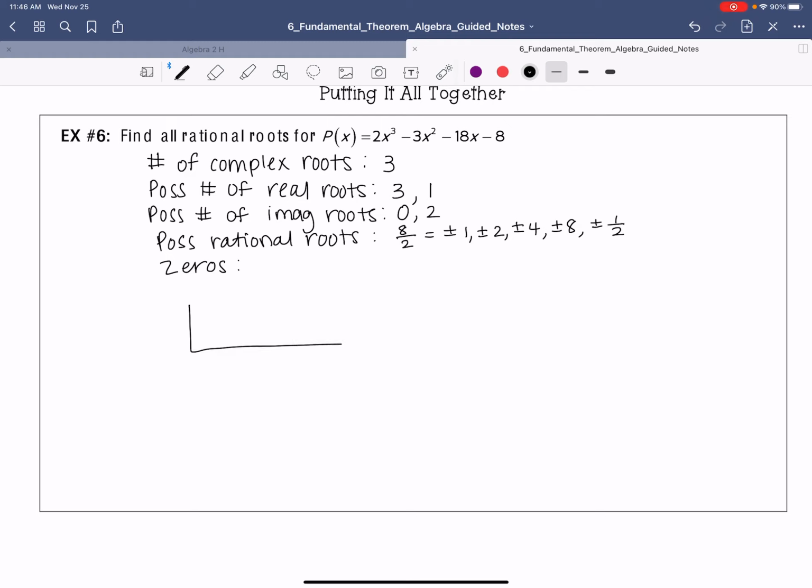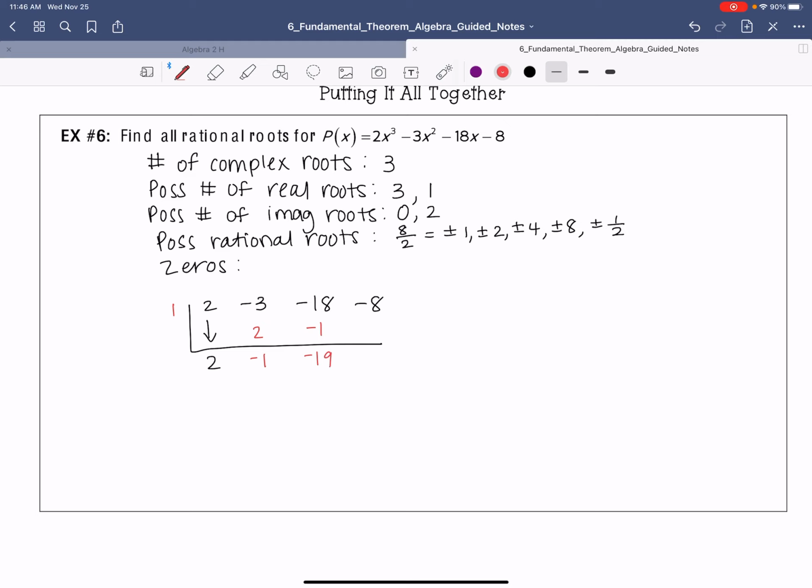So again, we have 2, -3, -18, -8. First one always comes down. Start it out. So we're going to start with 1. So I'd get 2, -1, -1, -19. Hopefully right here you realize not going to work.